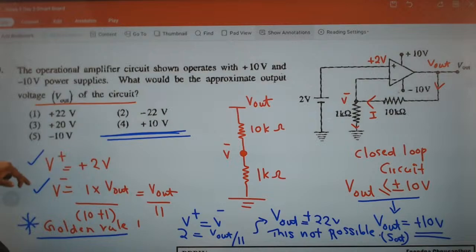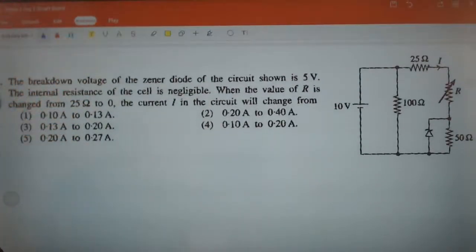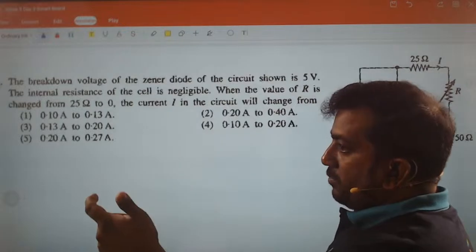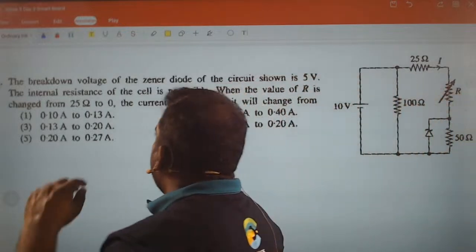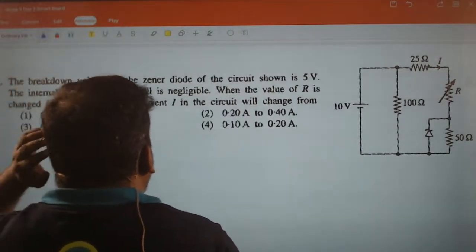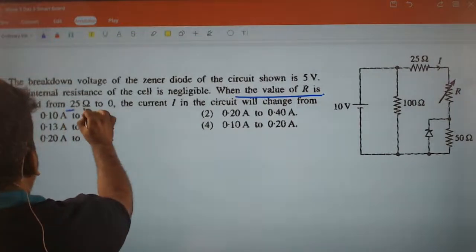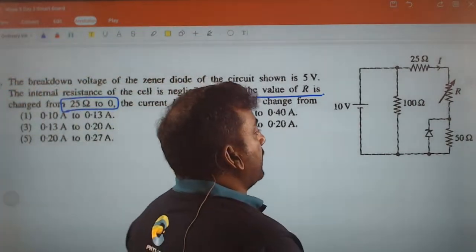Moving on. The breakdown voltage of a Zener diode is 5 volts. That means after 5 volts, current will start passing through it. Internal resistance of the cell is negligible. When the value of R is changed from 25 to 0, the current I in the circuit will.